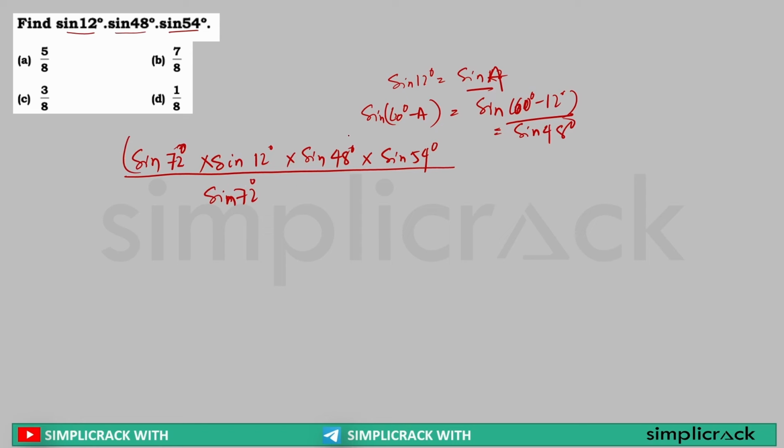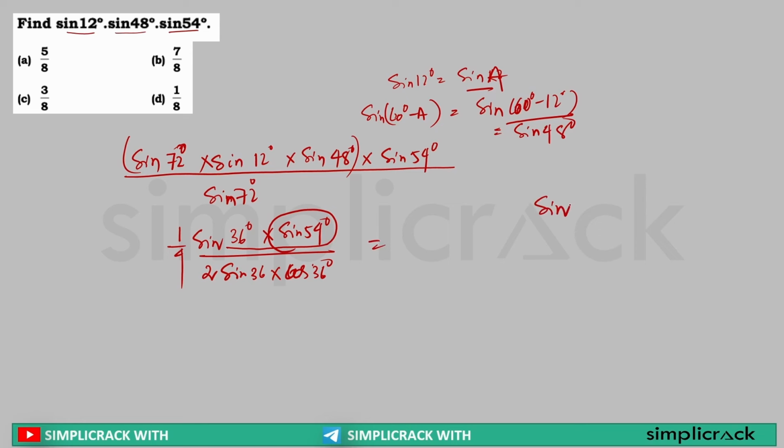Now this value sine A into sine 60 degree plus A into sine 60 degree minus A is equal to 1 by 4 sine 3A, that is sine 36 degree, into sine 54 degree as it is, divided by sine 72 degree, which can also be written as 2 sine theta into cos theta. Yes or no? Yes. Now sir, that sine 54 degree, we can also write as sine 90 degree minus 36 degree.